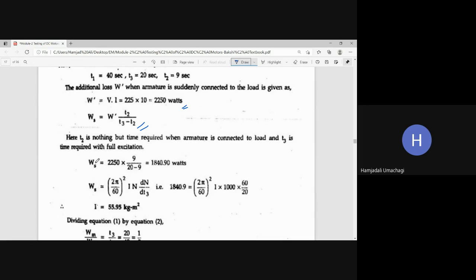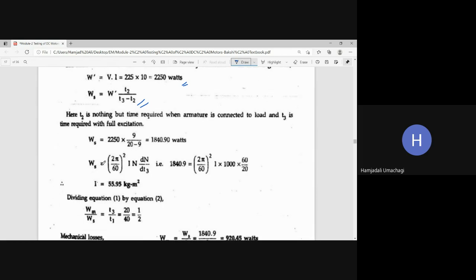So this we have calculated as stray losses. Now let us calculate the same stray loss using the flywheel method formula. Using the flywheel method means (2 pi by 60) whole square I N dN by dt3. Here Ws is 1840.9, and I, the moment of inertia, is unknown. Speed of the motor is 1000 rpm.